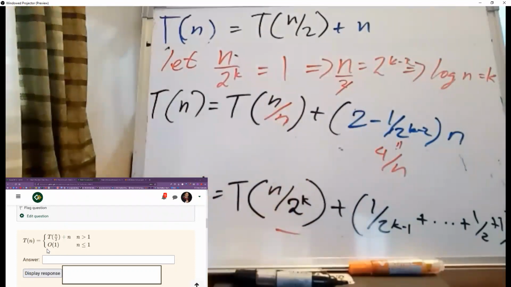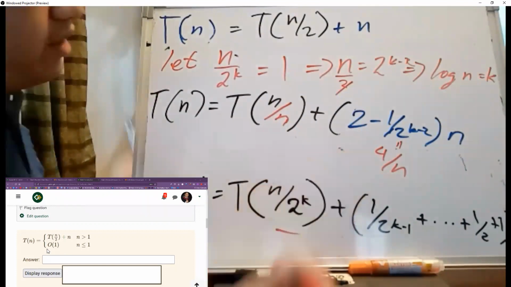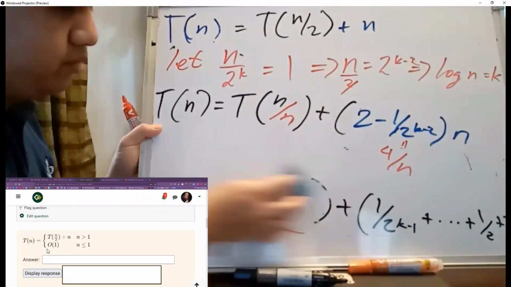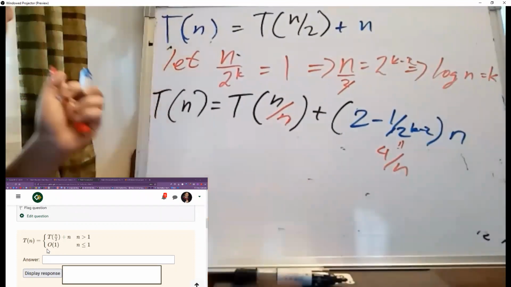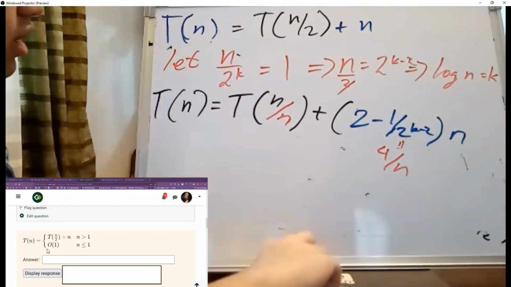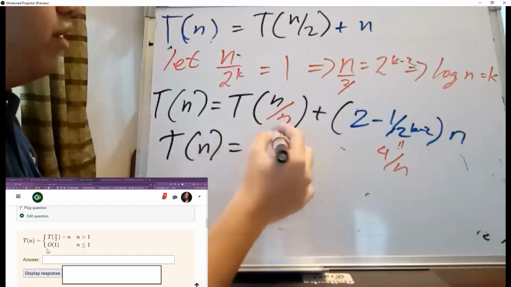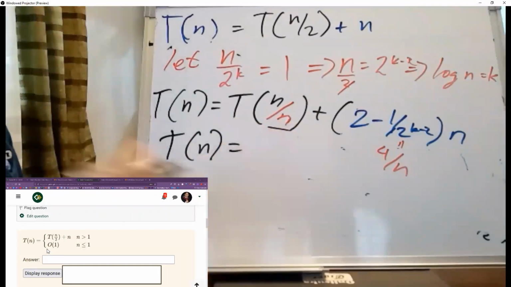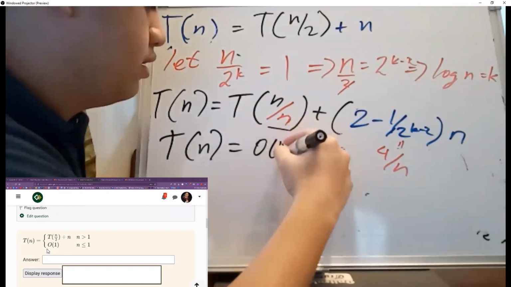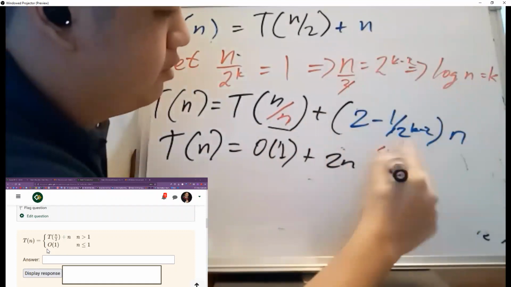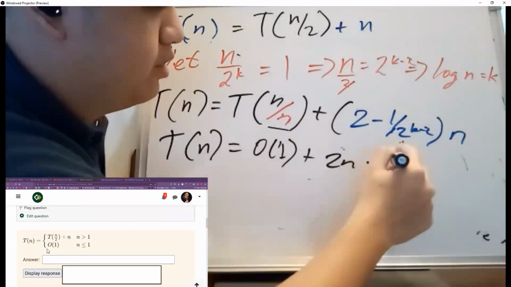So dyan. And then eventually makuha mo dito is eventually si T of n, yung n over n is yung given O of 1 plus 2n minus 4.